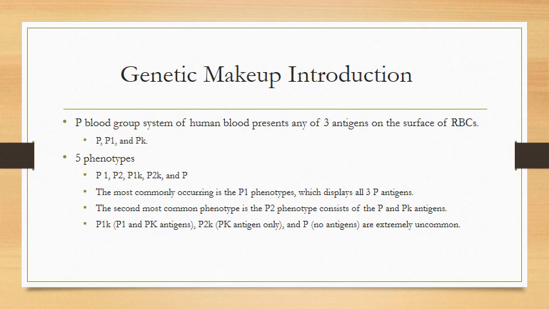The second most common phenotype is P2, which has P and PK antigens on the surface of red blood cells. The other three phenotypes, P1K, which is composed of the P1 and PK antigens, P2K, which has only PK antigens, and the p phenotype with no antigens, are extremely uncommon and rare.